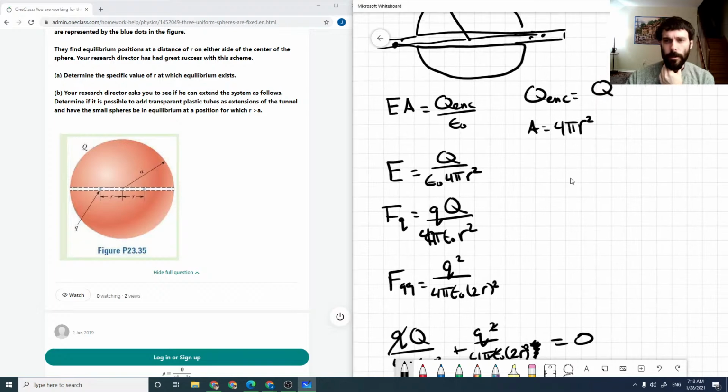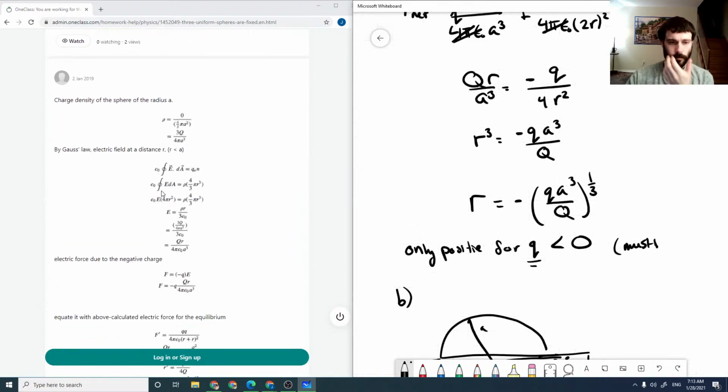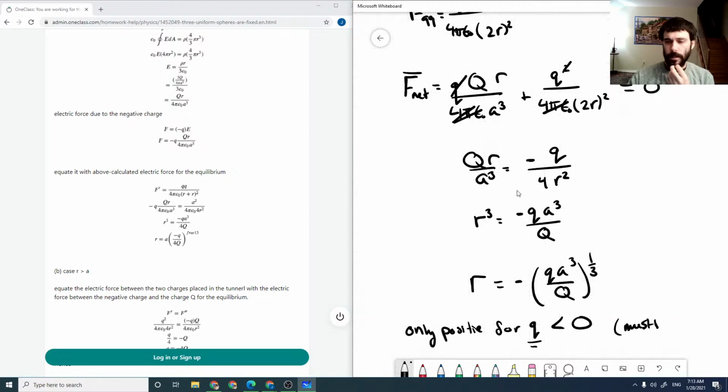Checking through the solution here. So we get that our R is minus Q. Oh, I guess I could have brought the A out. Oh, I did drop the 4, my apologies. So that 4 just kind of disappeared.